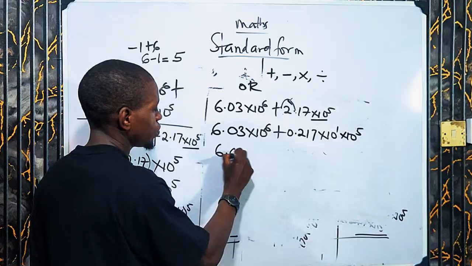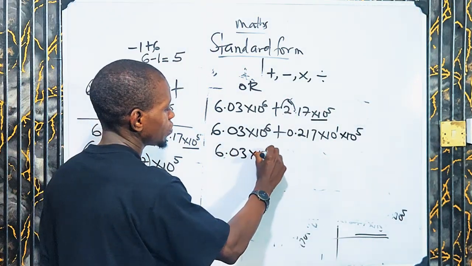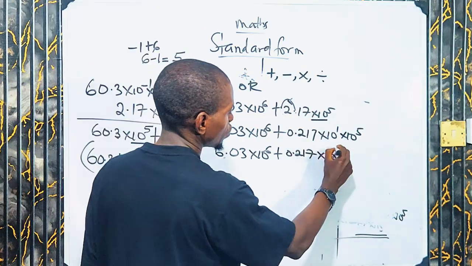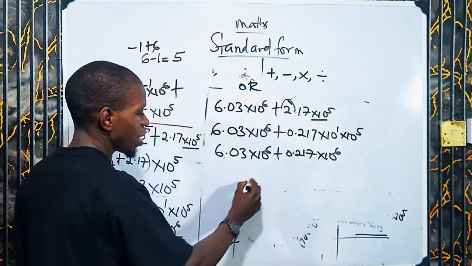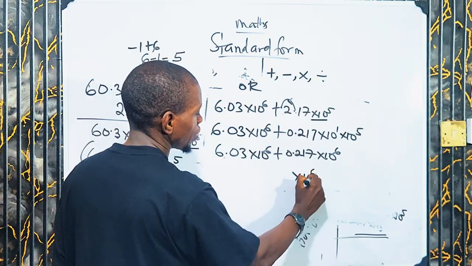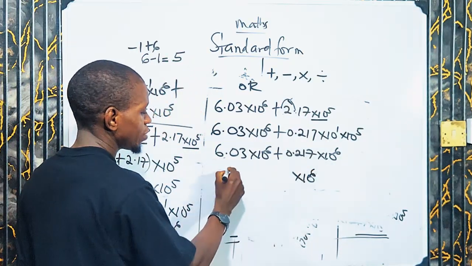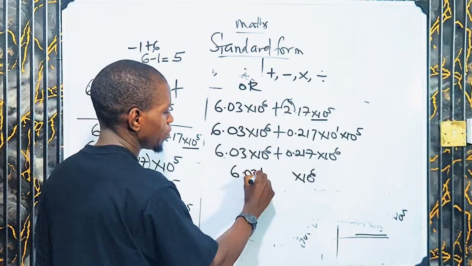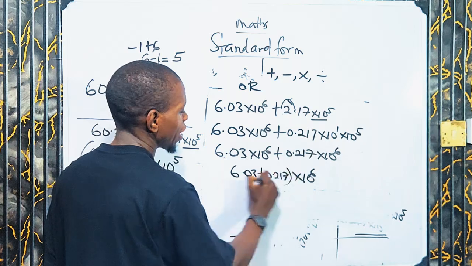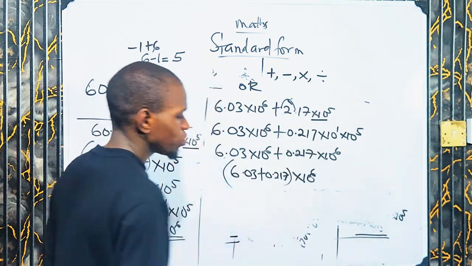So I'll say 6.03 times 10 raised to the power 6 plus 0.217 times 10 raised to the power 6. So what do you have now? I have my common factor to be 10 raised to the power 6. Then I can now add 6.03 plus 0.217. I can now add both of them together. Very simple to solve.